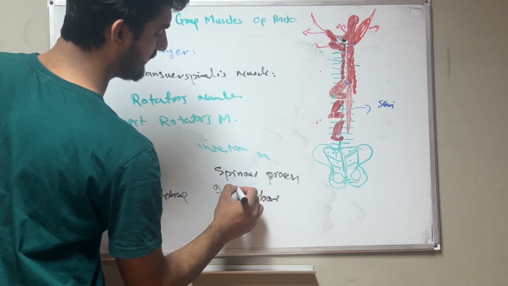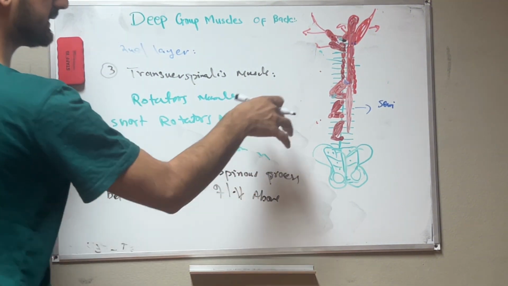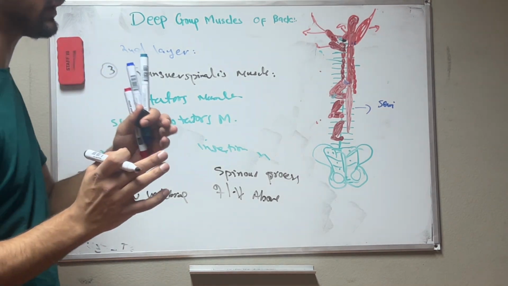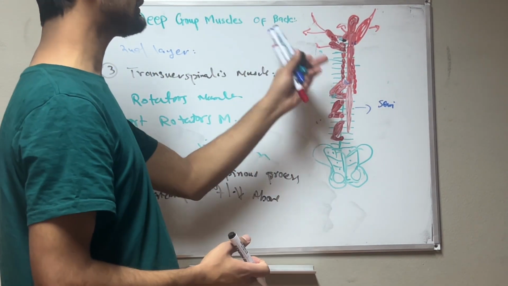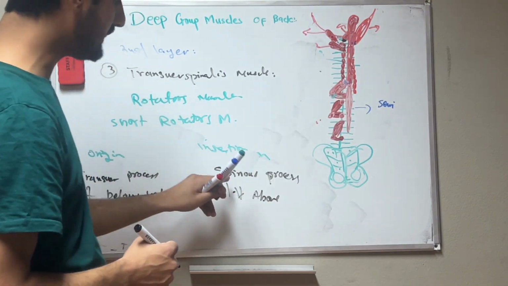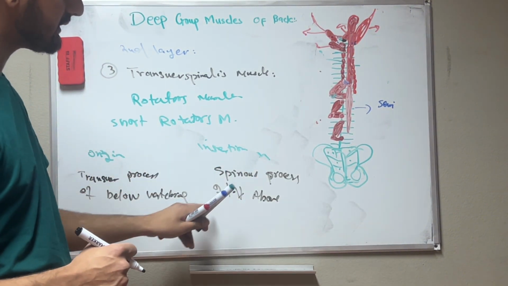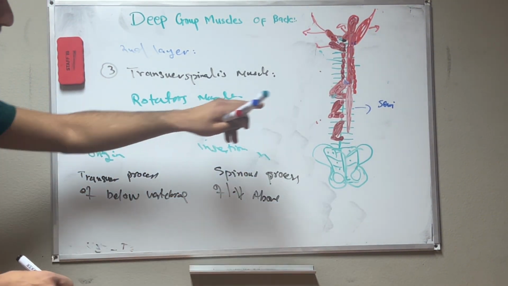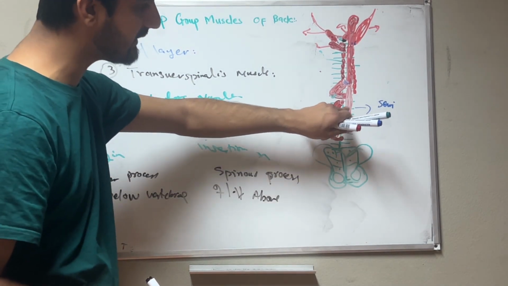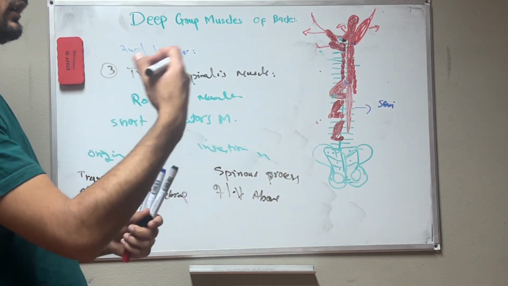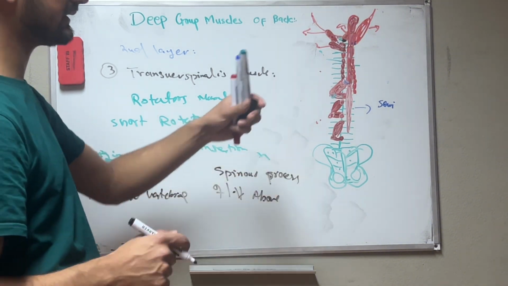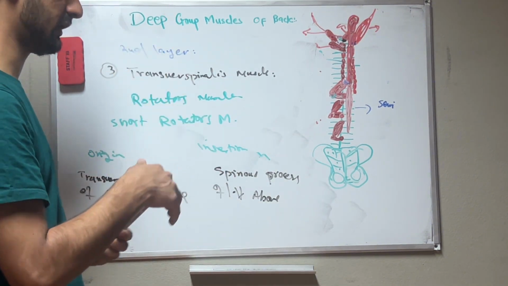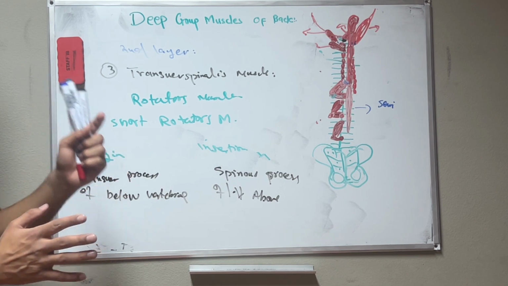In the long one we skip two vertebra and insert into the third spine process. But in the short rotatorus muscle, they originate from the transverse process of the below vertebra and insert into the spine process of the above vertebra, skipping one, while the long ones skip two. These are the origination and insertion of the rotatorus muscle.